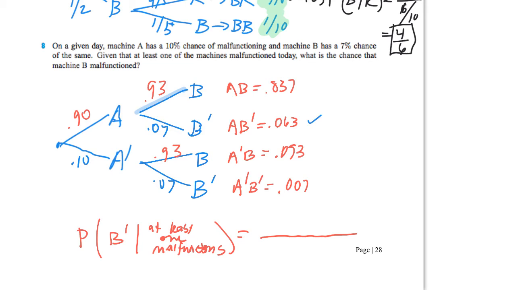At least one malfunctions would be any of these 3. So the sum of those probabilities makes the denominator. And then what's the chance it was machine B that malfunctioned? So then I would need, of those 3 things, these 2 had machine B malfunctioning.